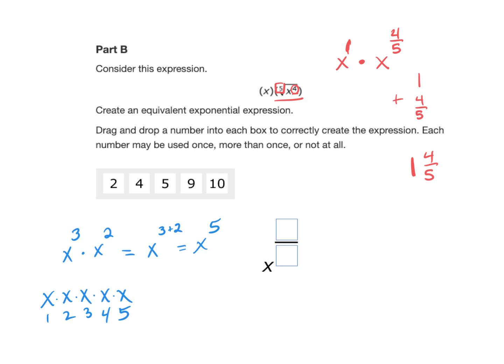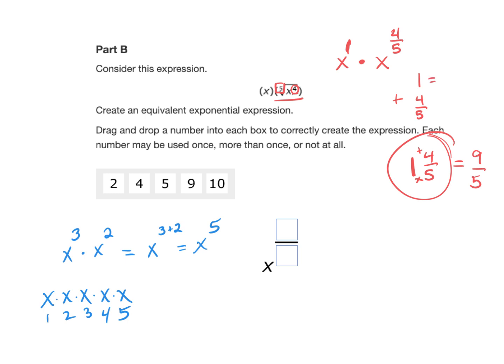But again, I need this as like a whole number. So we can convert any mixed number by multiplying the denominator times the whole number, so 5 times 1 is 5, and then adding the numerator to give me 9/5.